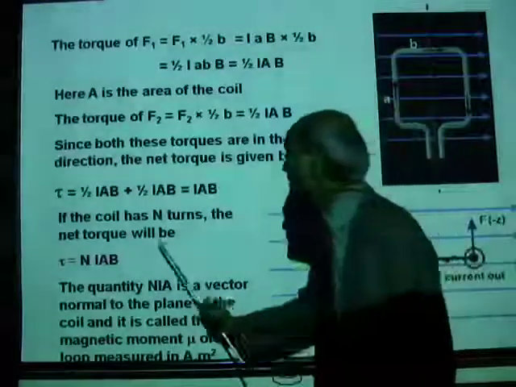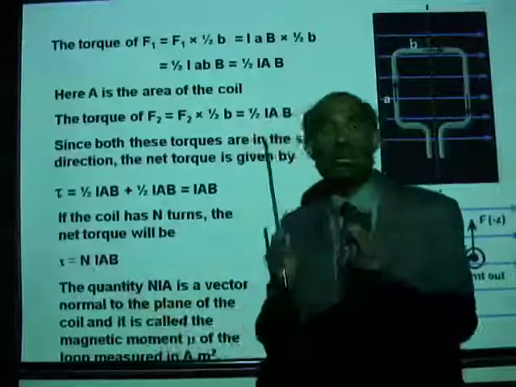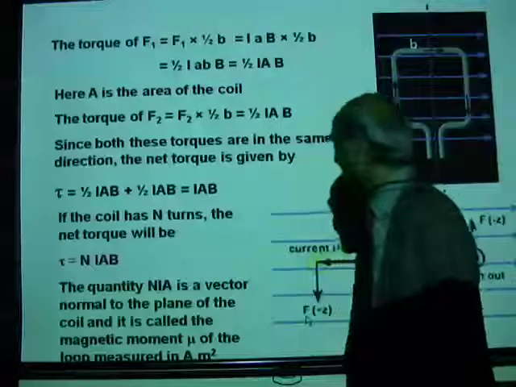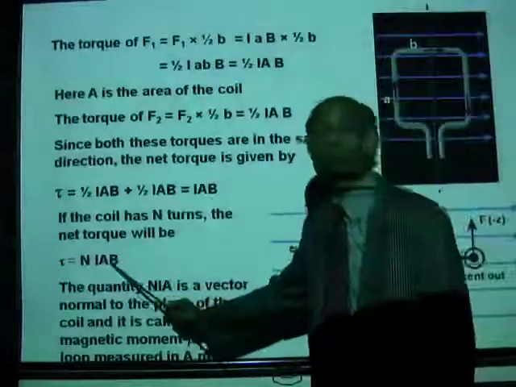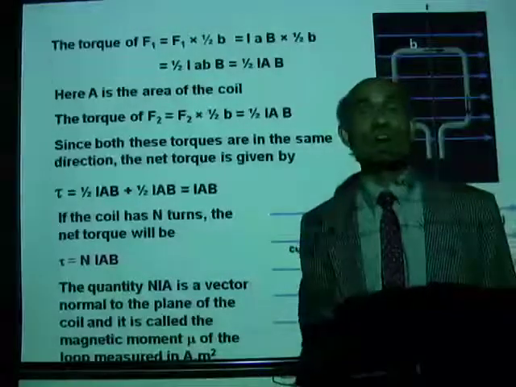So the quantity NIA is called the magnetic moment of the coil, and therefore tau can be written as tau equal to mu B, where mu is called the magnetic moment of the coil.